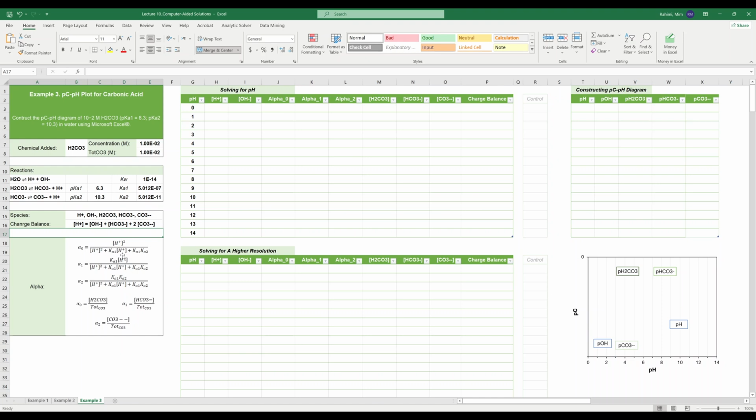This is a diprotic acid, so we're dealing with alpha 0, alpha 1, and alpha 2.